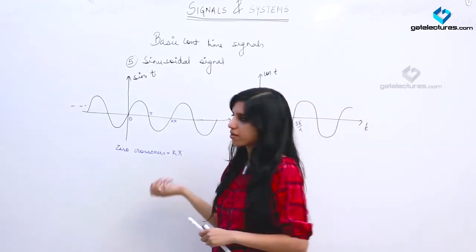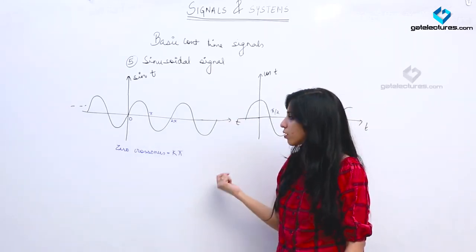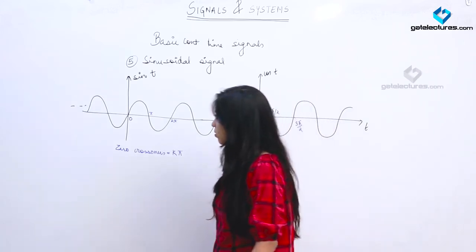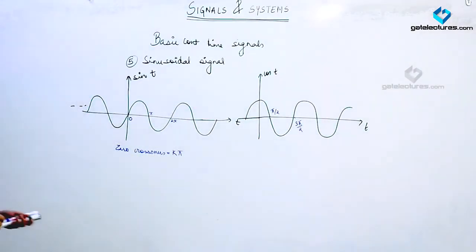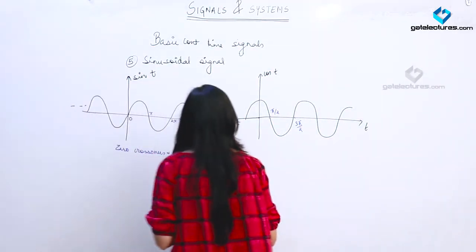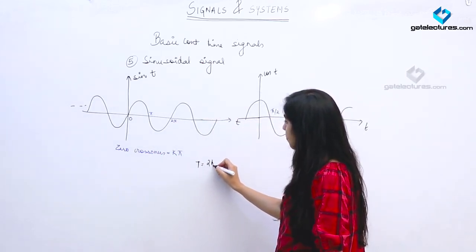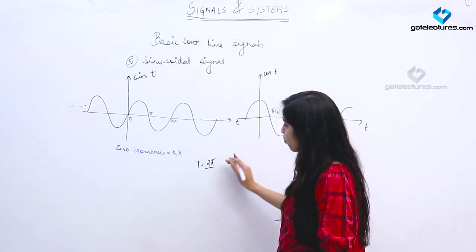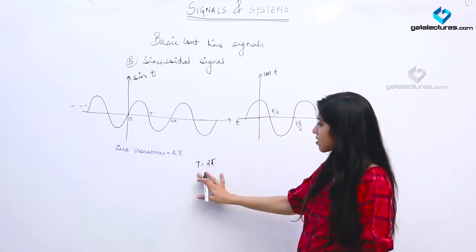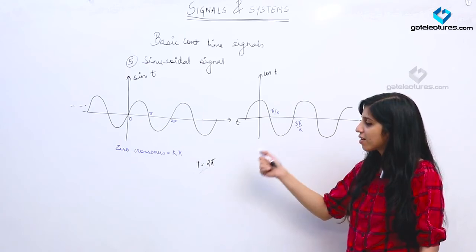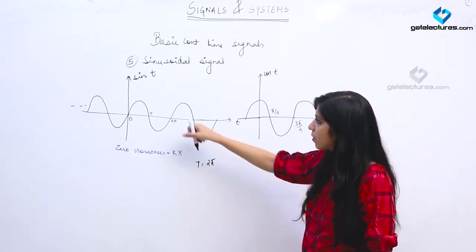So these are basic sinusoidal signals. Most of you would be aware of them already. If I am required to tell the time period of these signals, it is going to be 2 pi, if I am expressing the argument as only t.